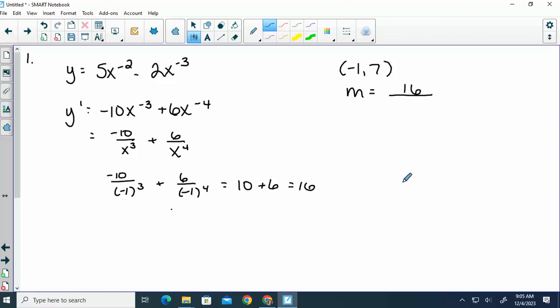So now we have a point and a slope, so we can write the equation. Y equals mx plus b. So add over the 16. The equation is y equals 16x plus 20.